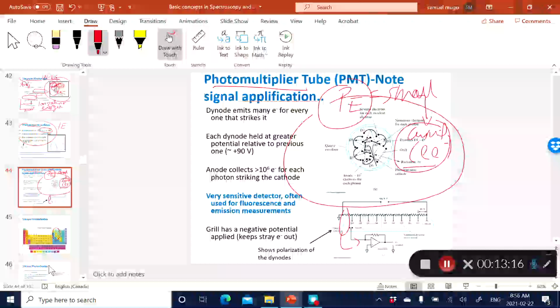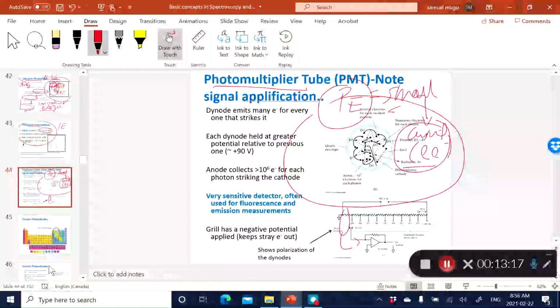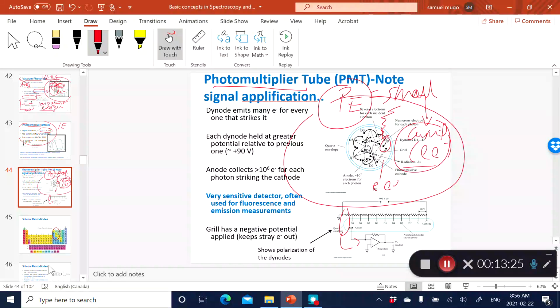So think about it, if I've got a photon of light hitting the first diode, D1, then you generate a set of electrons coming from the photoelectric effect.